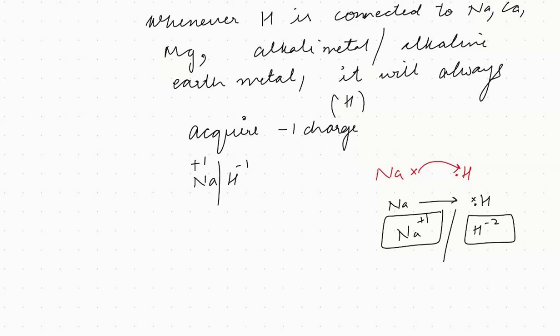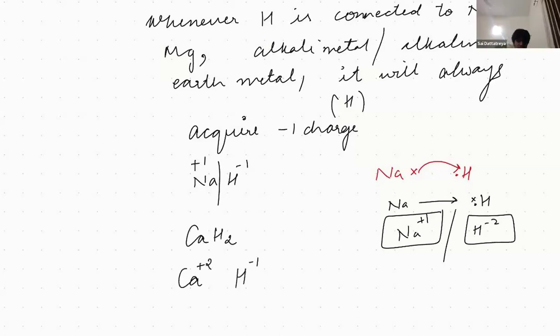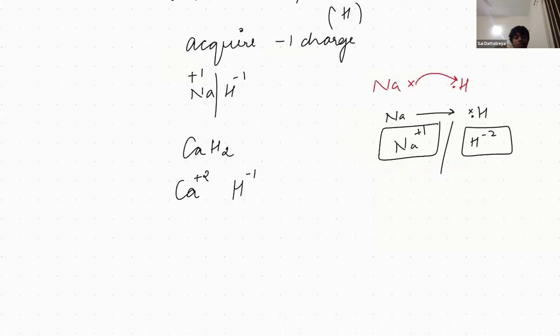So when I say CaH2, what does that mean? That calcium is Ca +2 and H is -1. So Ca +2 and H -1. Got my point? So it doesn't matter what H is connected to, you can learn a rule.